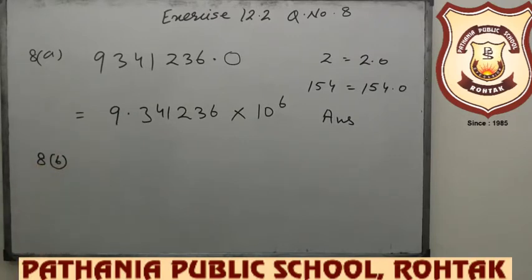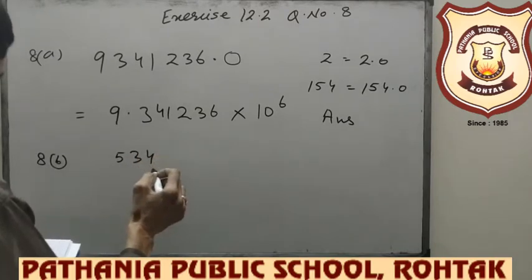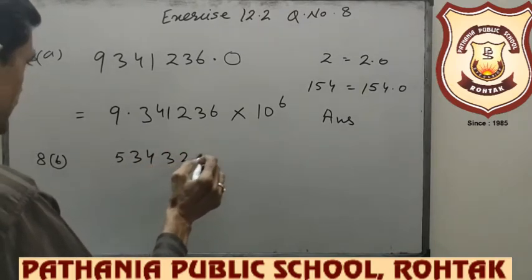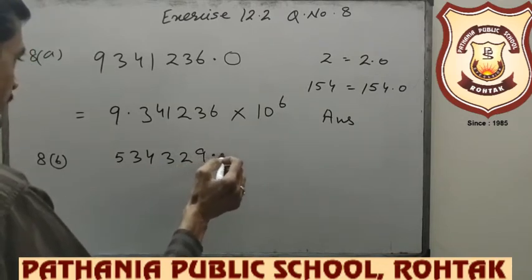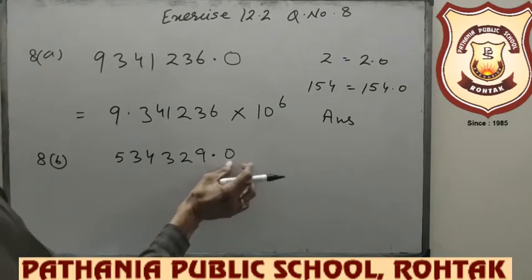What is that? This one is 534,329, write in standard form or in power notation. 534,329.0, I write it from my side as 0.0.